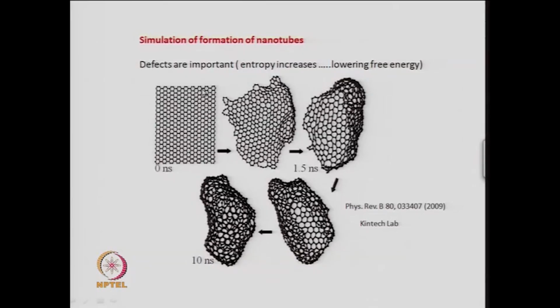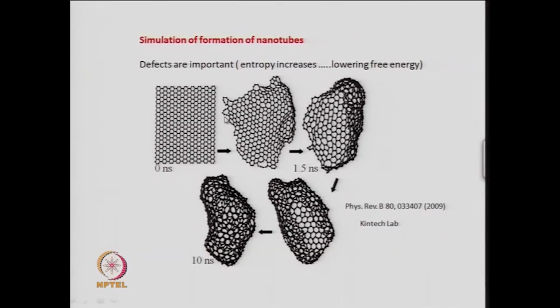So, in the ideal graphene layer you have only hexagonal rings of carbon, but as you run the simulation you will see that you start having 7 membered rings or 5 membered rings, which are like defects, and these defects are important. And as you see, with time this layered structure of graphene starts to curl and ultimately it tries to close itself.